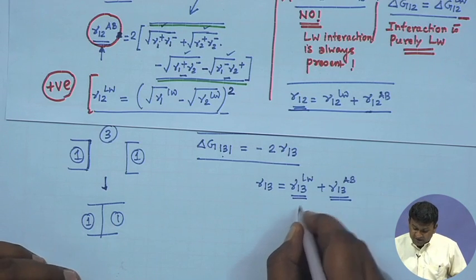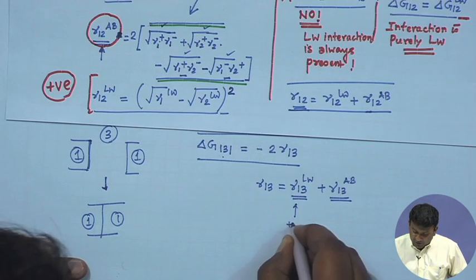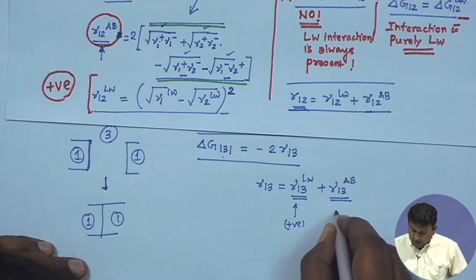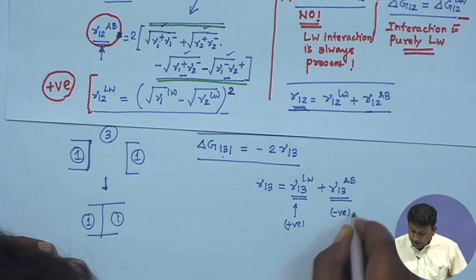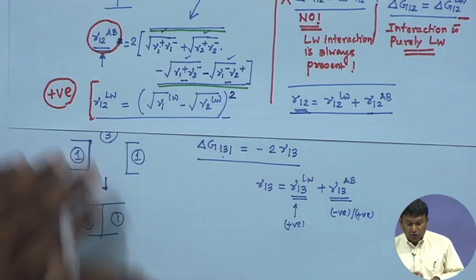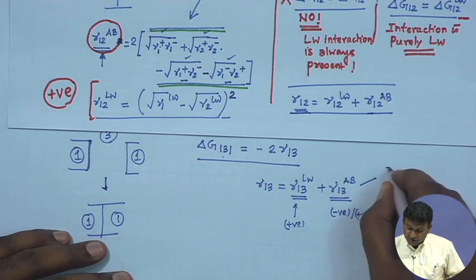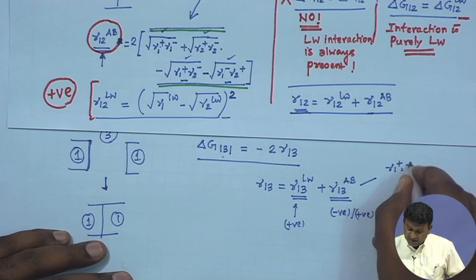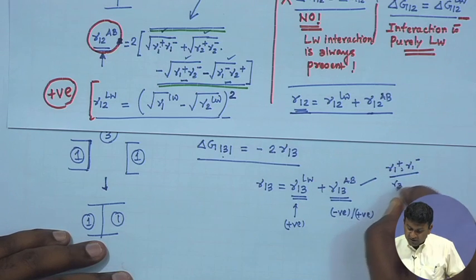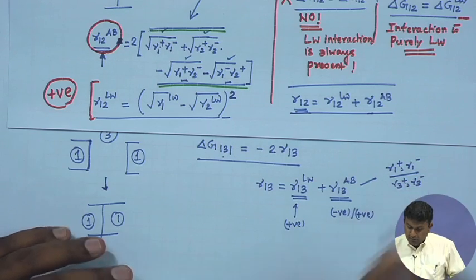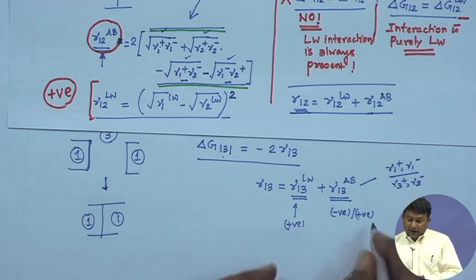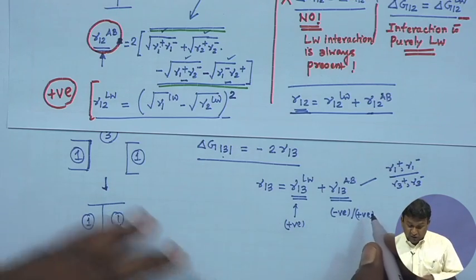And here you can see that this term is always going to be positive, and this term, depending on the relative magnitudes of the 4 constituent terms. What are the 4 constituent terms? Gamma 1 plus, gamma 1 minus, gamma 3 plus, gamma 3 minus, they can be positive or negative.